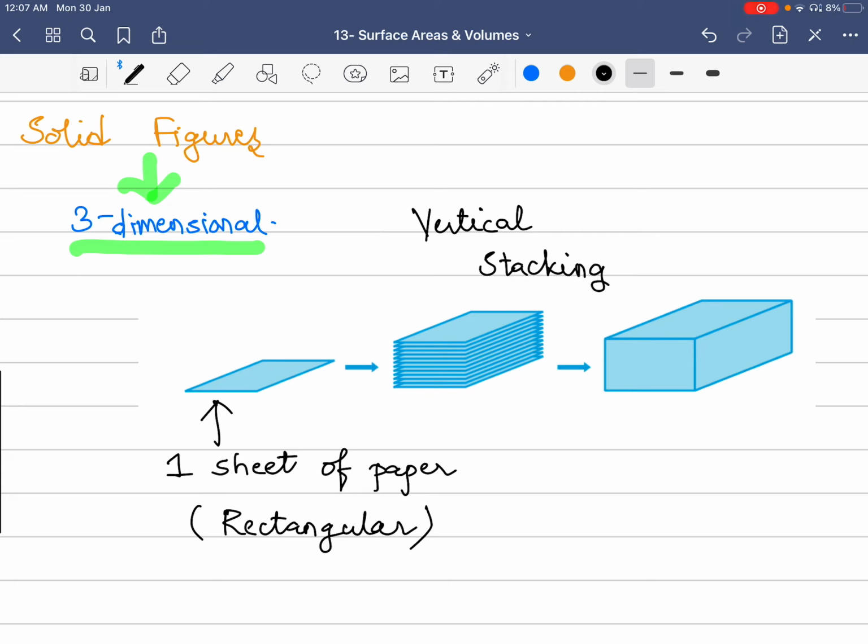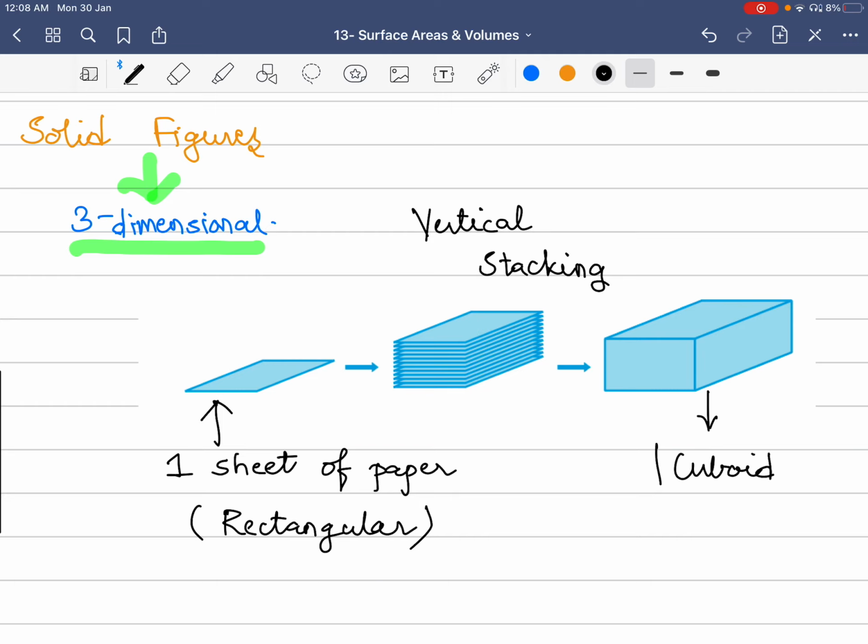So if you put these several sheets of paper one above the other, what you get in the end is one three-dimensional, this word is very important, three-dimensional figure. And such three-dimensional figures are called solid figures. So the figure that you see here is in fact called a cuboid. So I'm just going to give that name to it. This figure is actually called a cuboid.